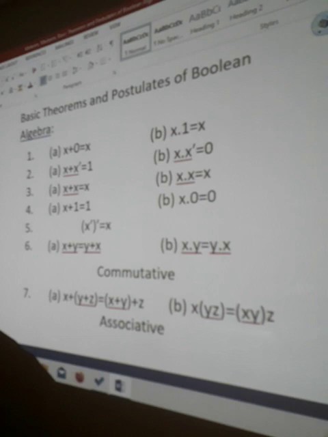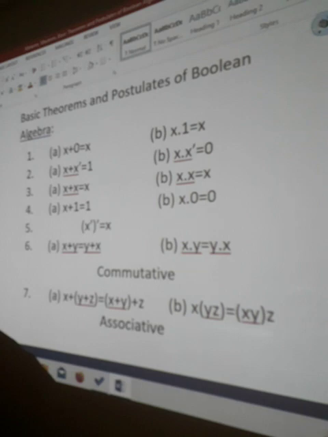Number one, x + 0 = x. The plus sign indicates that it is an OR operation, and in case of an OR gate with two inputs, if one input is 0, then the output is equal to the state on its other input.